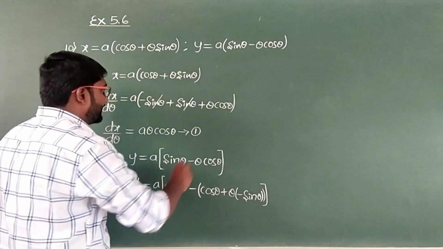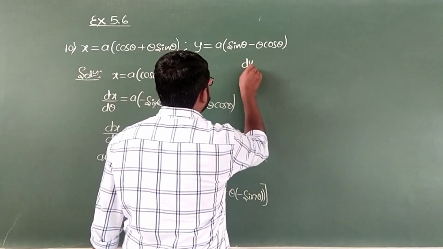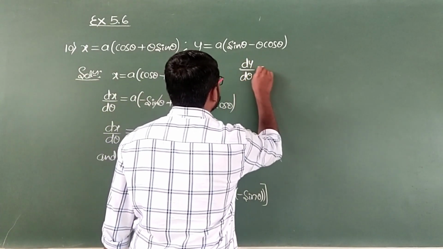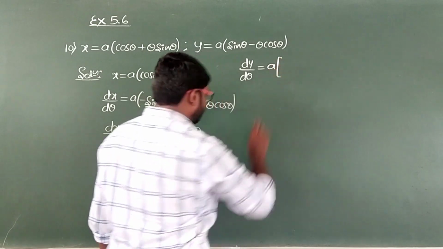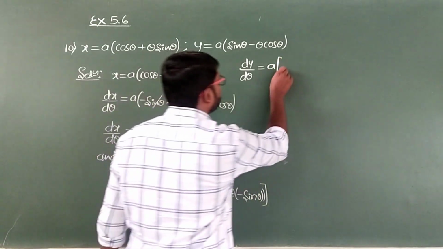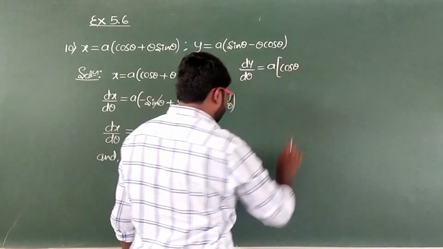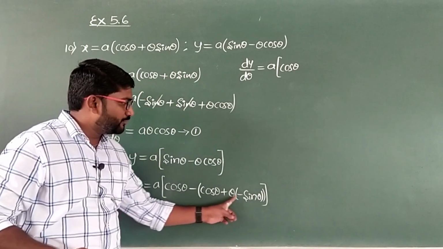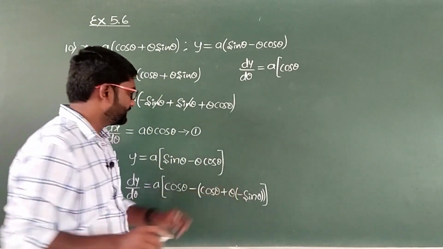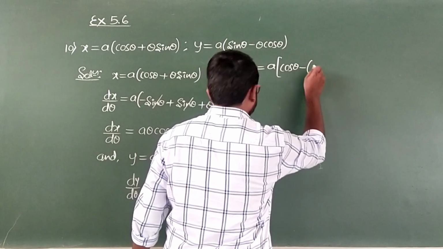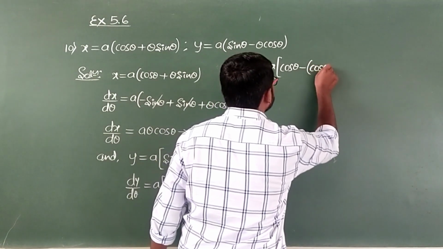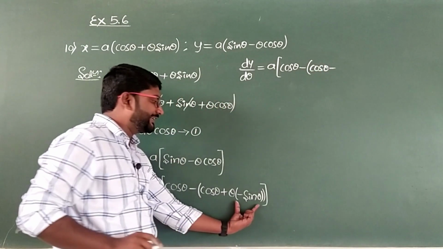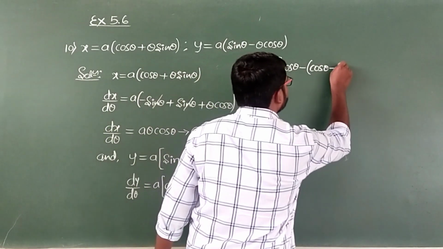So now, in the next step, dy by d theta equals a, I'll write it as it is, cos theta, then plus into minus, it will be minus cos theta minus theta sin theta.